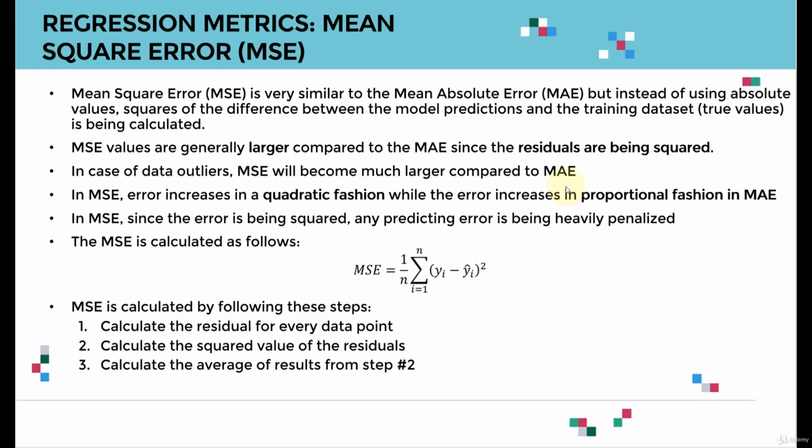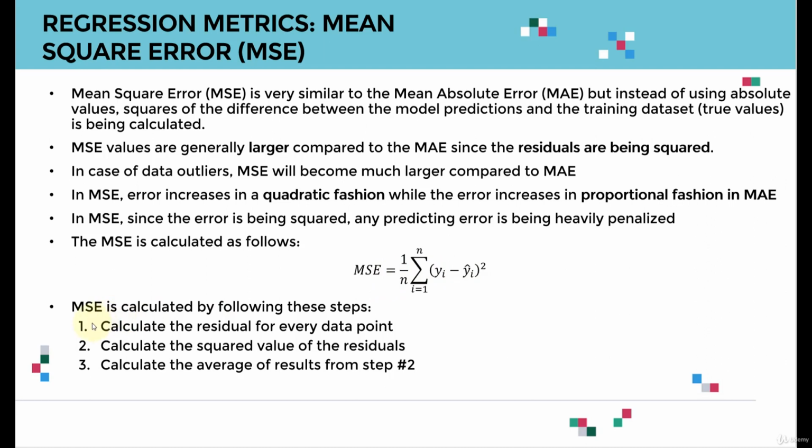Because outliers have large errors, and you take the error and square it up, the MSE will become much, much larger compared to MAE. Simply put, the error in the MSE increases in a quadratic fashion. However, for MAE, it increases in a proportional fashion. So in MSE, since the error is being squared, any prediction error is heavily penalized. If you have a large error, you will penalize it a lot more.